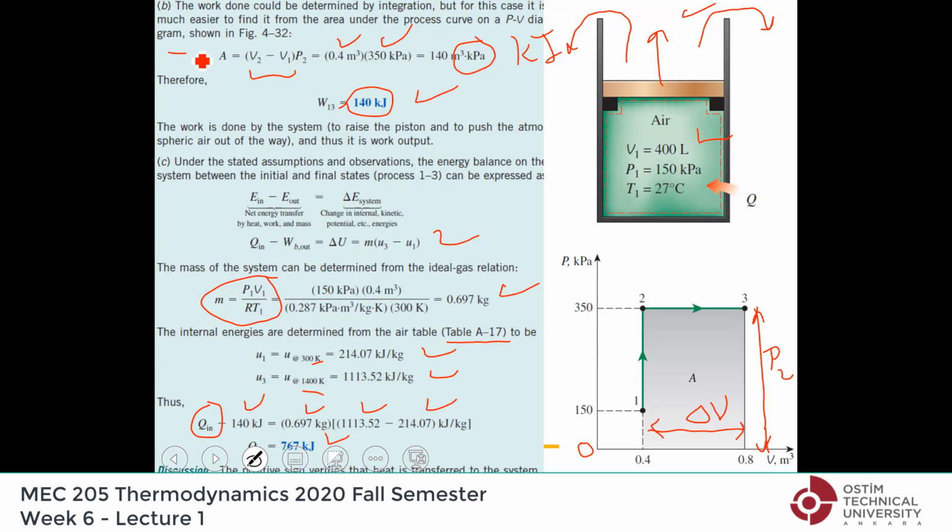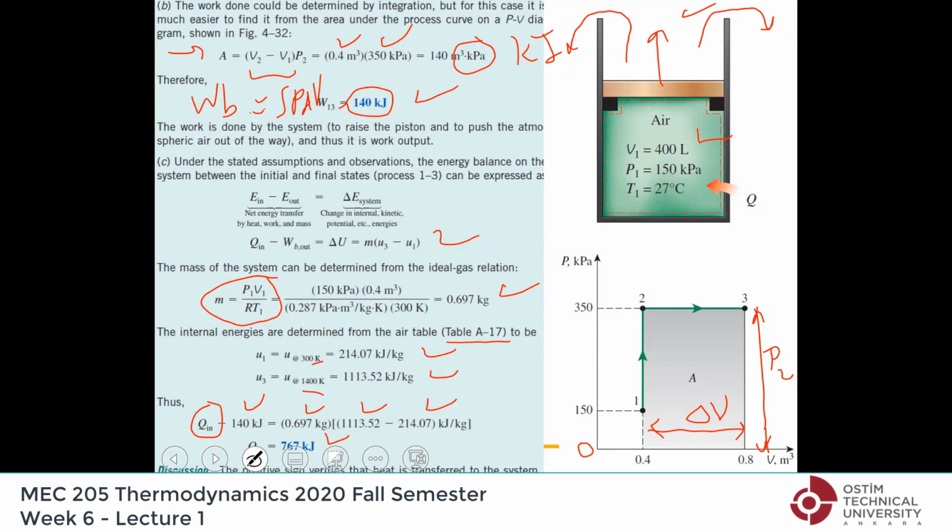So look at this relation here. Now keep in mind that boundary work is integral PdV, right? And if let's say you take the atmospheric air as the system, does it change during this process as the piston goes up?